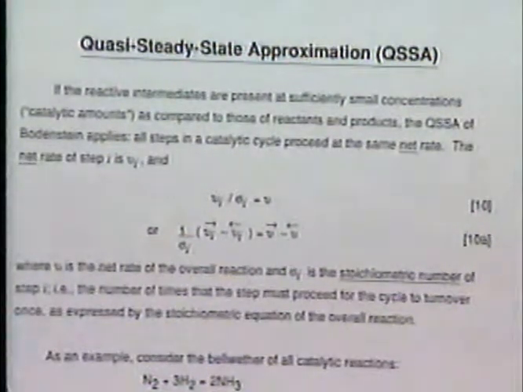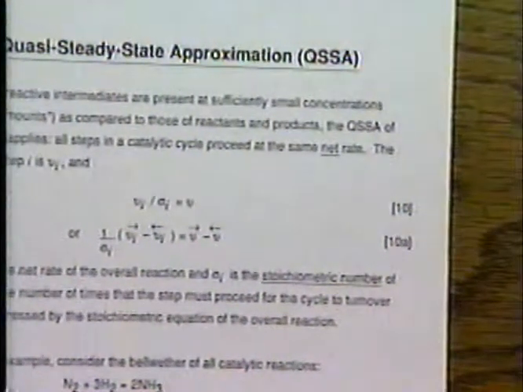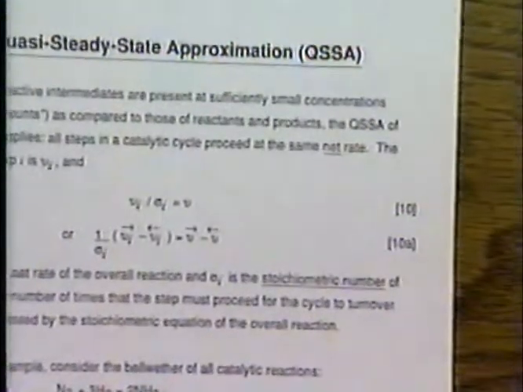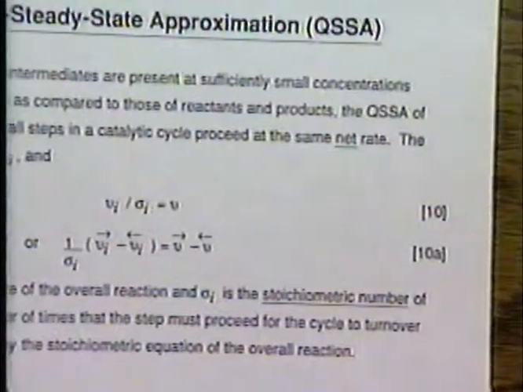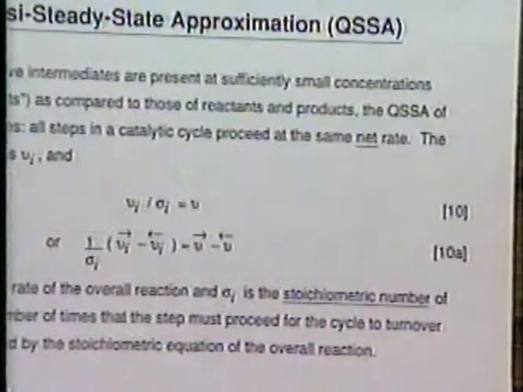And it says the following, that when you have reached a steady state, the net rate of any step in the sequence, in the catalytic cycle, in the propagation steps of a chain reaction, as shown in equation 10 sub i, that the net rate for any step is equal to the overall rate, net rate of the entire stoichiometric reaction.